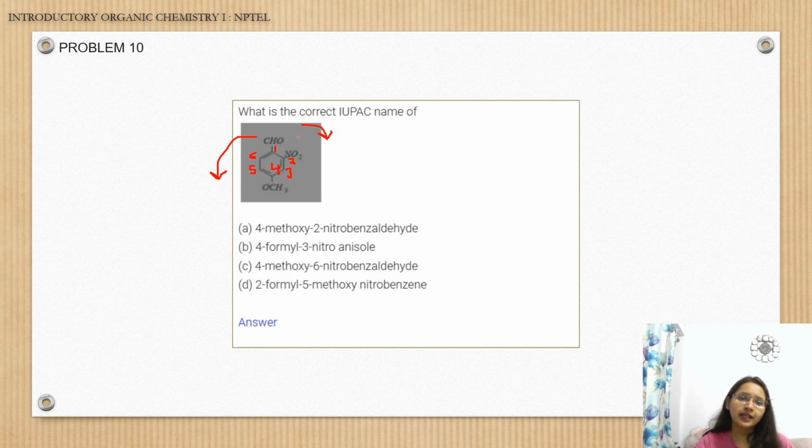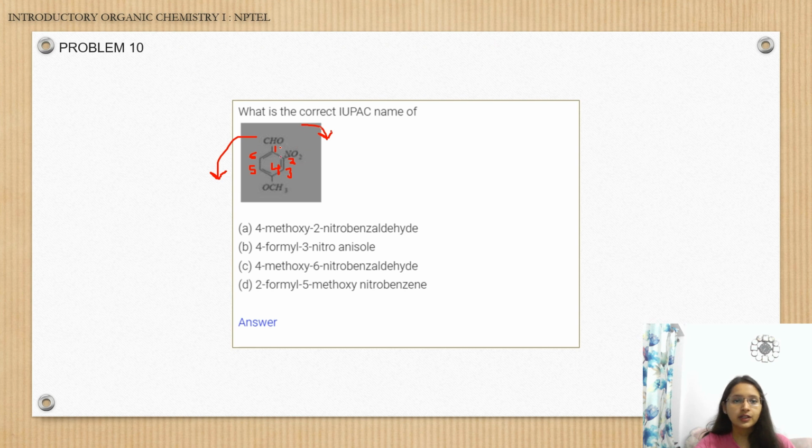And now if we have to name it, we have to name according to alphabetical sequence. So this is 4 methoxy and 2 nitro, because M and N you have to order alphabetically. So 4 methoxy will be written first and then 2 nitro, and the parent moiety is benzaldehyde. So it would be named 4-methoxy-2-nitrobenzaldehyde.